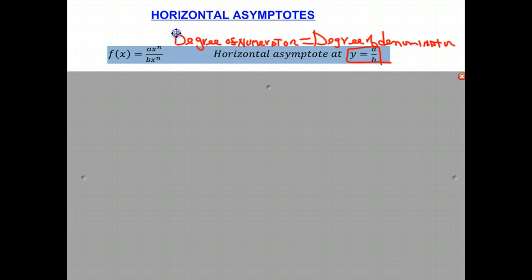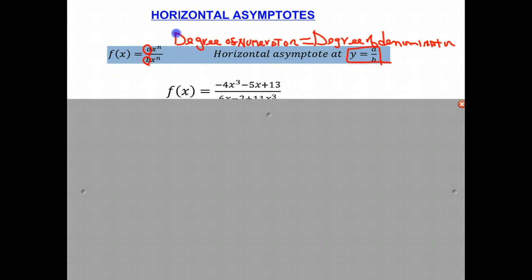Well, what does that mean? Take a look at our function here. Notice that a is the coefficient of the leading term in the numerator, and b is the coefficient of the leading term in the denominator. In our case, we made the 2 degrees equal. So it turns out that the horizontal asymptote would be y equals a over b. Well, let's look at an example of this.